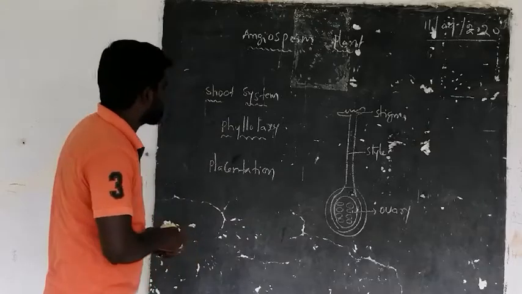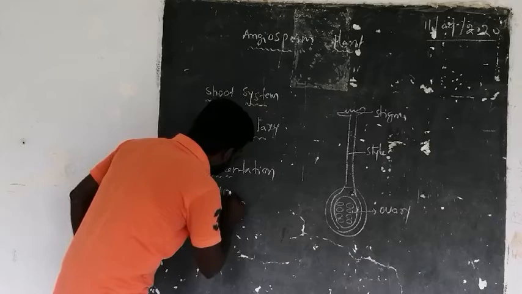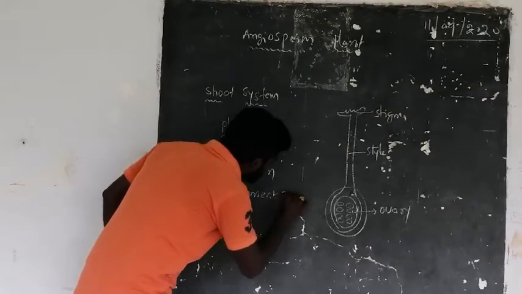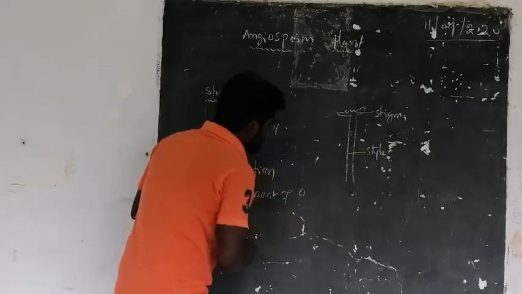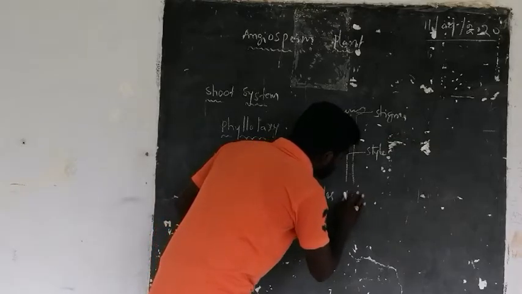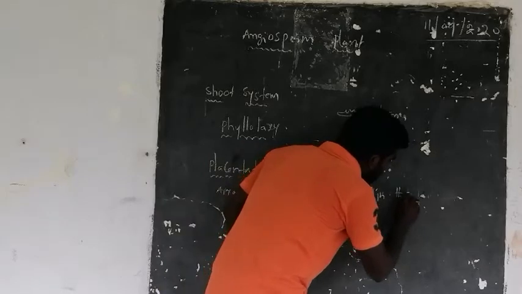Placentation. What do you mean by placentation? It is the arrangement of ovules within the ovary.